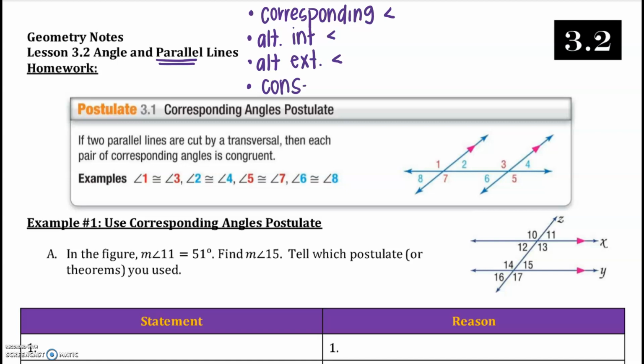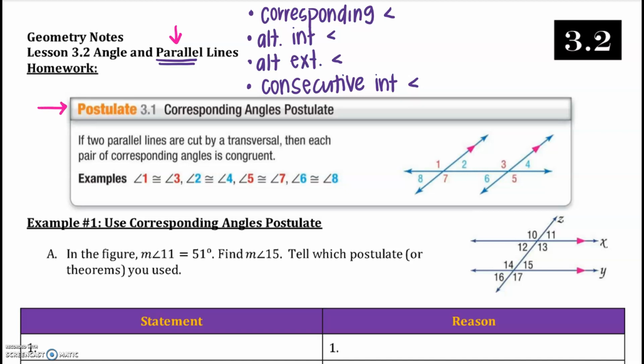Couldn't think of the word. So those 4 are going to show up again in this lesson, but we're going to add one more thing to it. All right, so let's look at postulate 3.1, corresponding angles postulate.